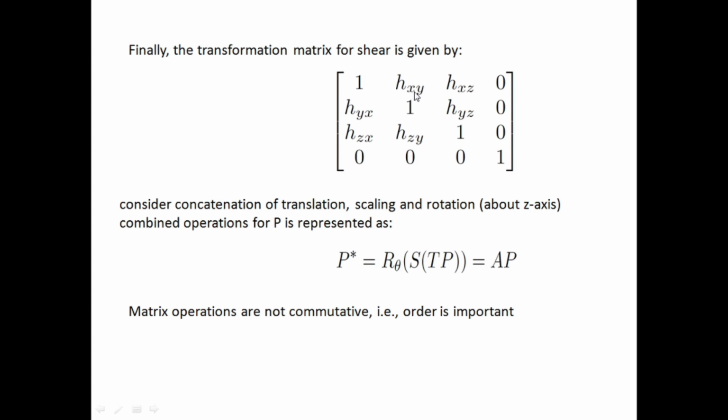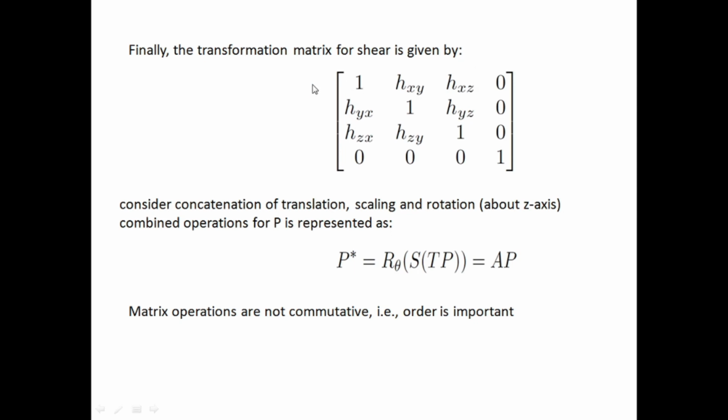So this is hxy, hxz, because this is x, this is y, and this is z. The diagonal elements will be 1, this location will be hxy, and the value of this location will be hxz, because it is in the x-th row and z-th column.